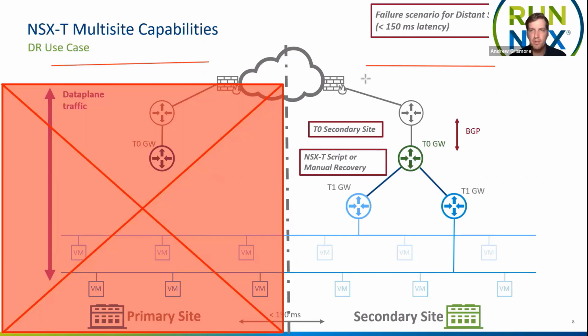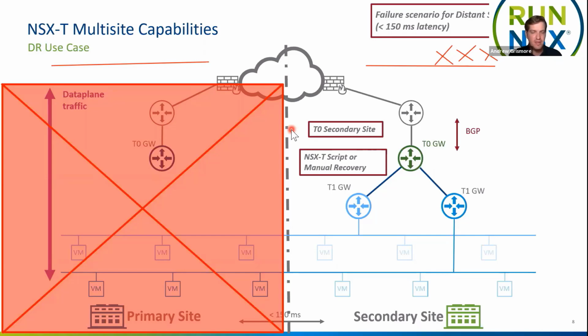Yeah, so it's really important to note the difference in the steps for failover in this scenario versus what we saw previously. In the previous scenario, we had the same tier 0 instance across both the primary and the secondary site.